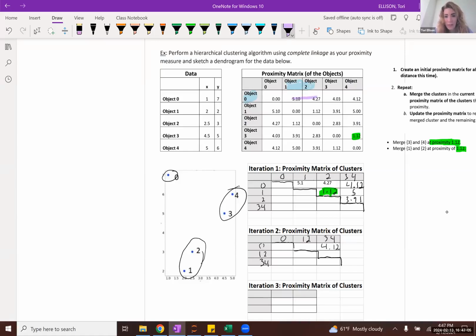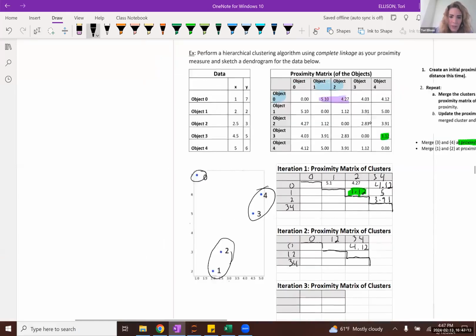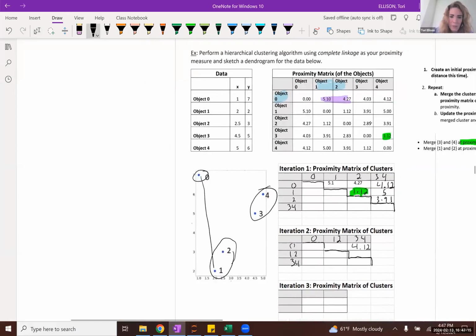Okay, so in this case, we would find the distance between the 2 farthest away points. So that would be observation 0 and observation 1 at a furthest away distance of 5.1. So the distance between these two clusters would also be 5.1.